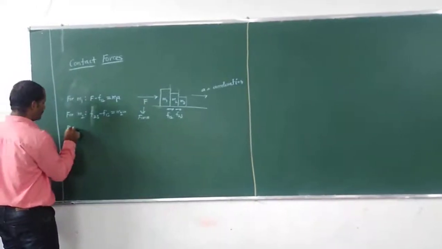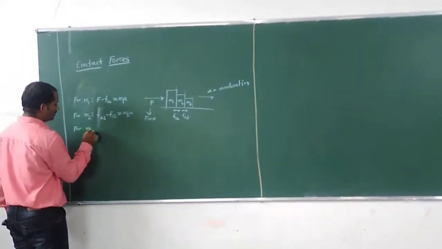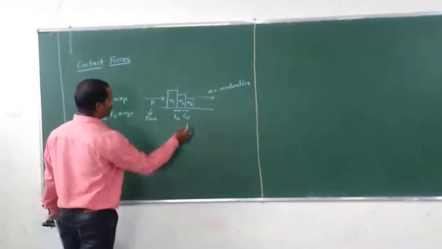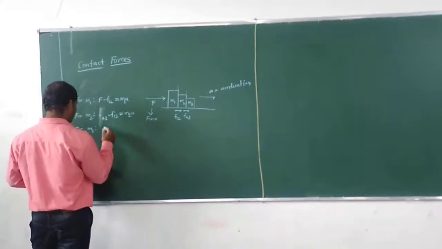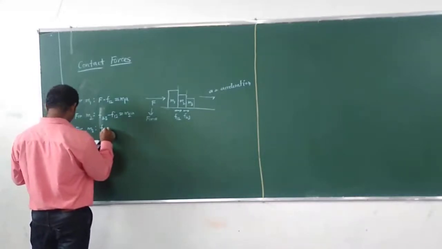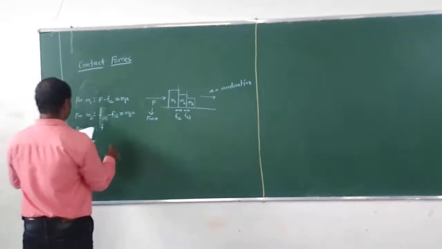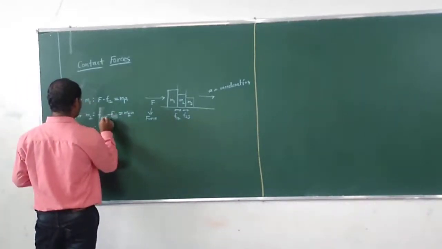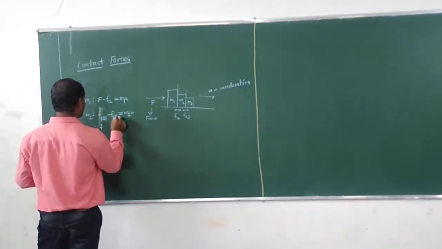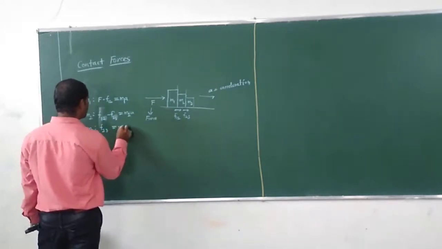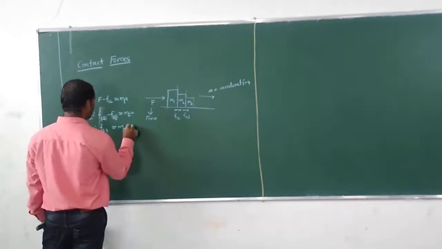For m3 साठी फोर्स काय असणार आहे? For m3 this is F12 minus F23. This is F23 is equal to m3a.